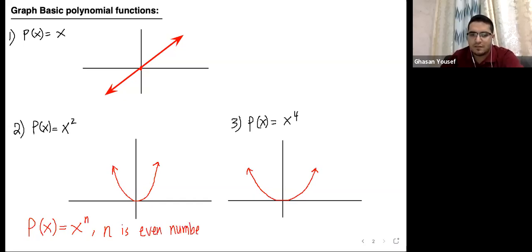What are the even numbers? Anyone can remind me? 2, 4, 6, 8, exactly, Eric. Thanks. 2, 4, 6, 8, 10. All these numbers are even numbers. All of them have the same shape.